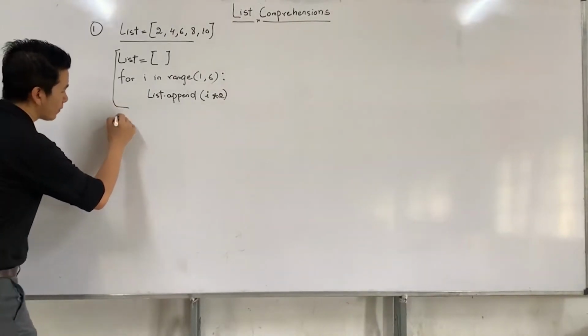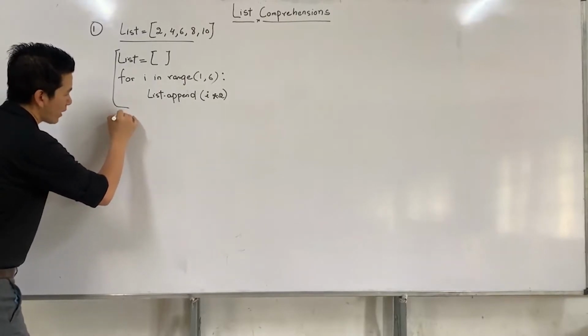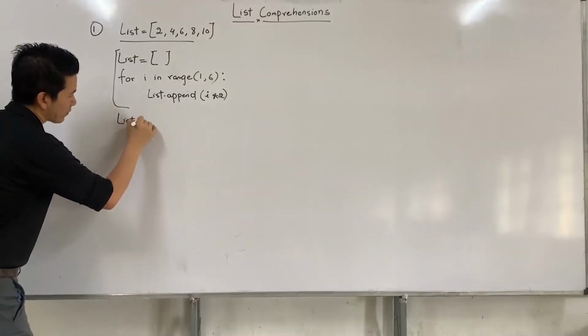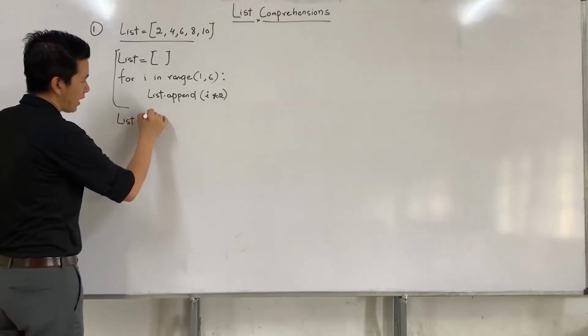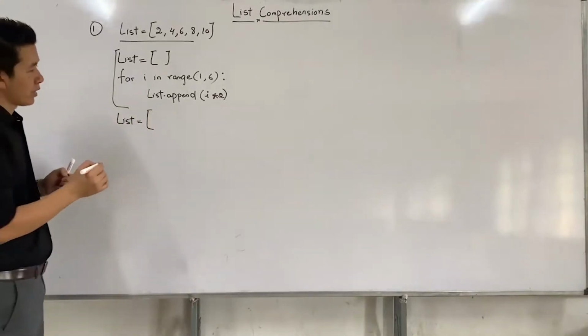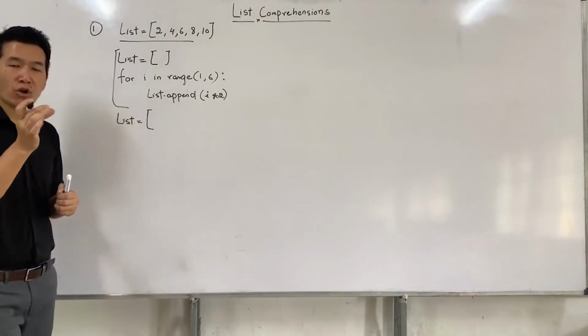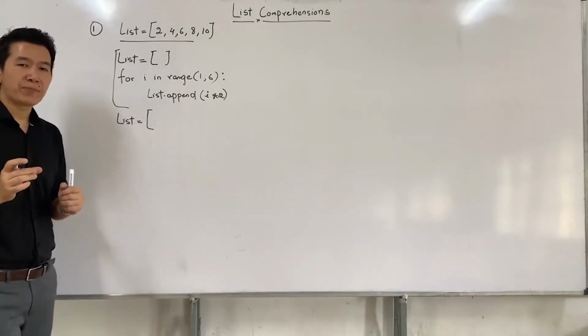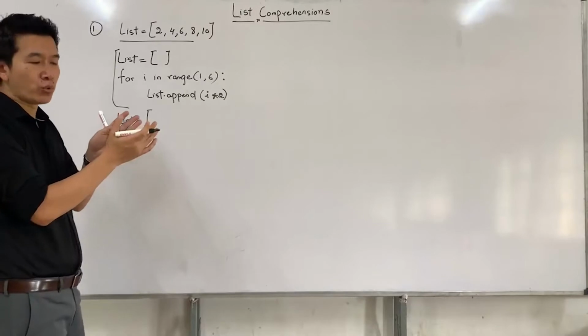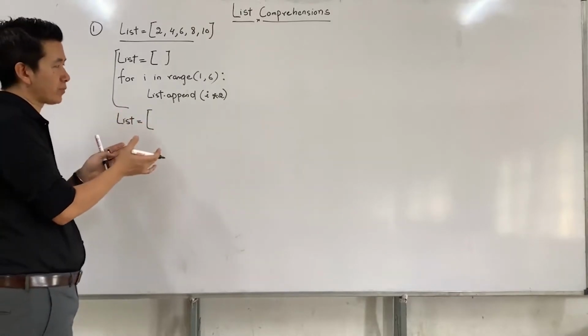So alternatively, I could use the list comprehension like this: list equals, and then I'll have the square bracket. So the first part of the list comprehension will always be the expression which is used to create the list.